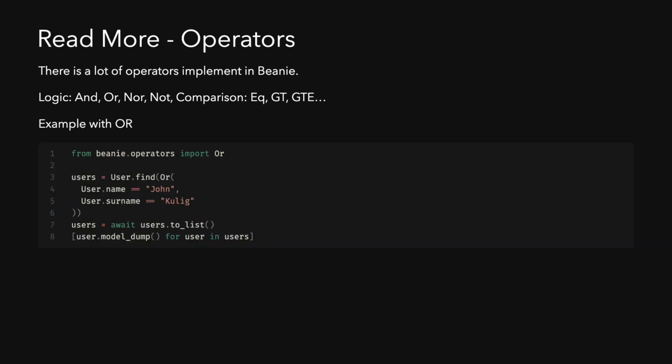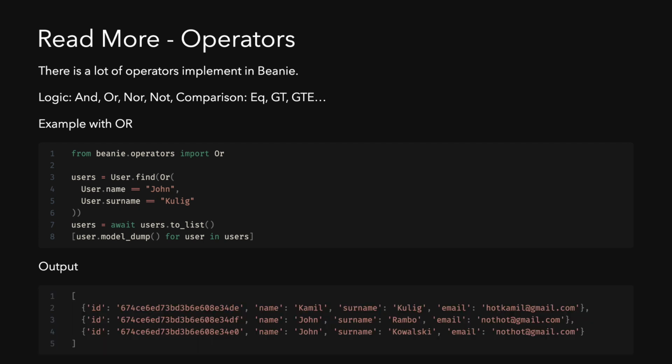As you can see, we need to import or from Beanie operators, and we need to use it in our find brackets. We can choose the user John or surname Kulig, and we have Kamil Kulig, John Rambo, and John Kowalski.